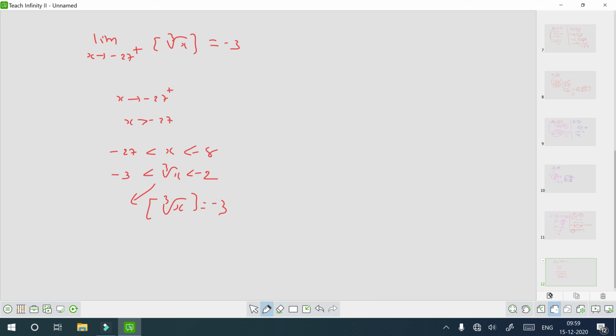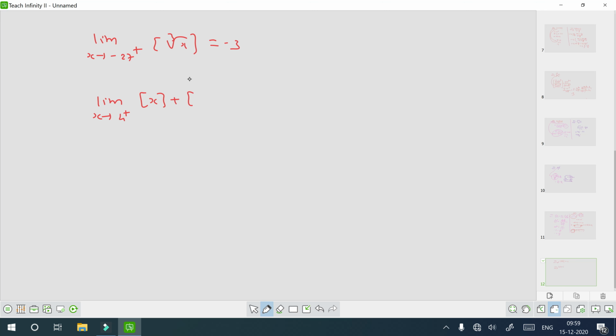Clear? Now in the same way, let us consider the limit x tends to 4 plus of integer part x plus integer part minus x, is equal to what? Let us see.